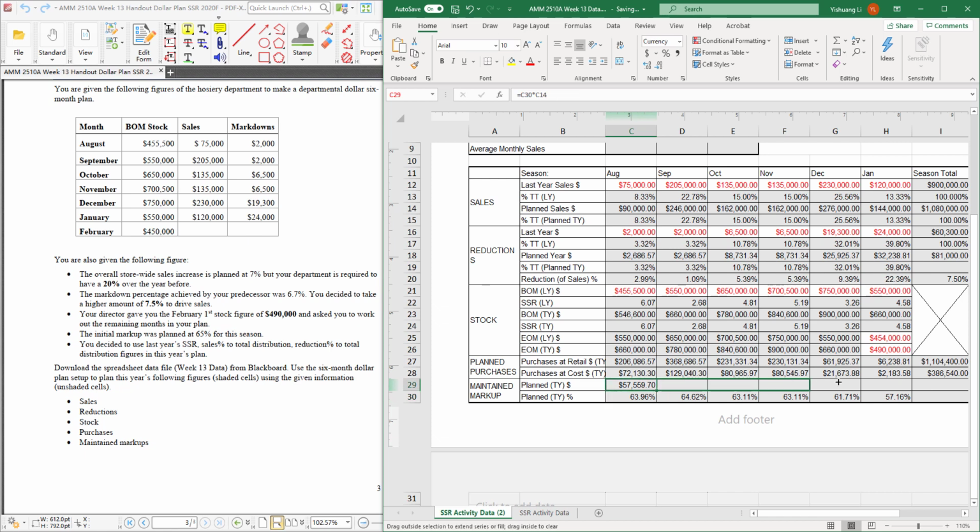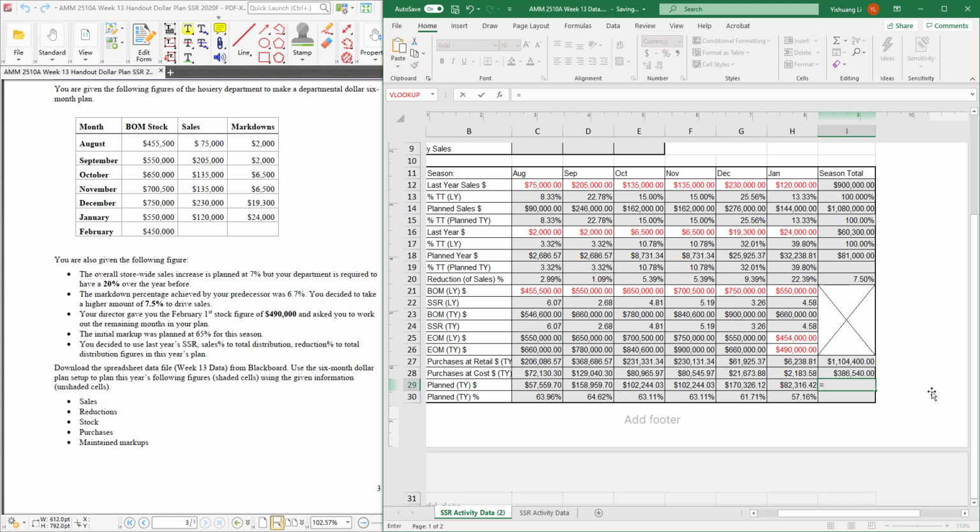Again, then we can apply this to the row and make sure that for dollar numbers we can sum them up, but for percentage numbers we actually cannot. So what we do with percentage numbers, since we know the seasonal percent here, 7.5, we can use the same formula as we did in planning the monthly maintained markup percentage.